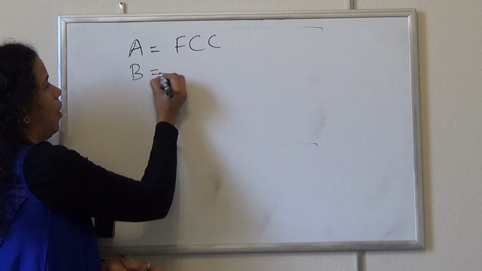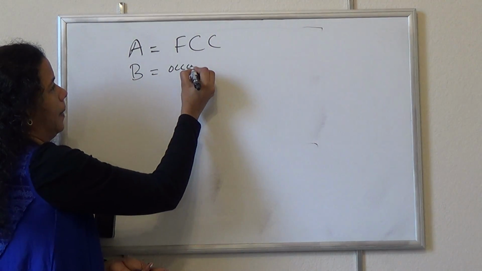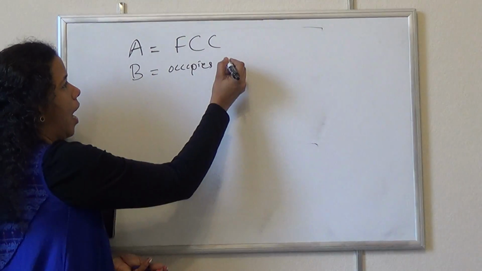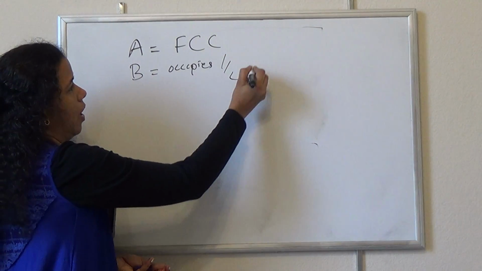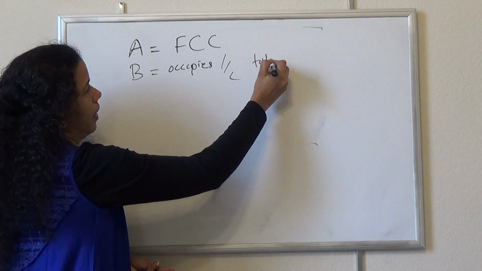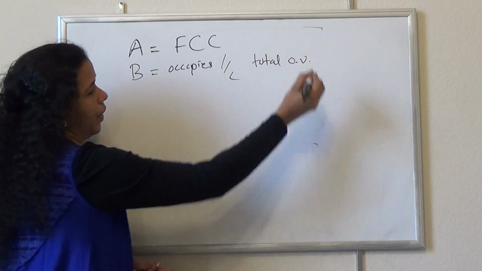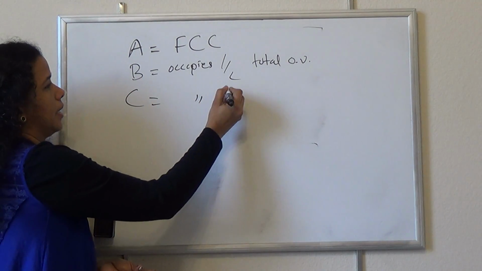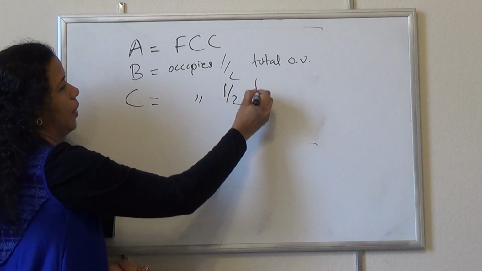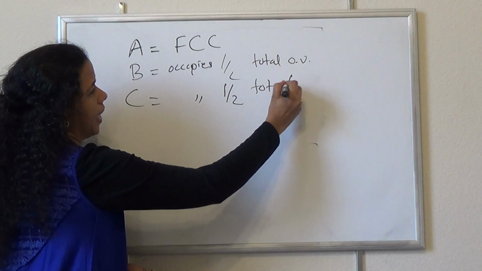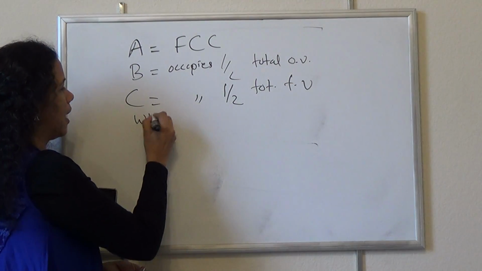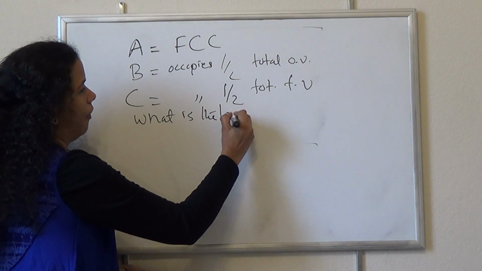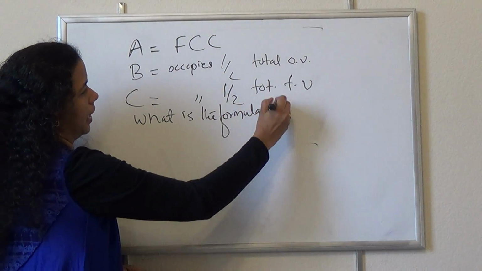B atom occupies half of the total octahedral voids, and C atom occupies half of the total tetrahedral voids. What is the formula of the crystal?